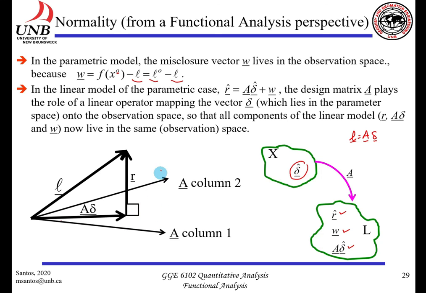The way it looks here is a plane, but if the design matrix has many more columns, it becomes a funny surface. We have here the normal to this space spanned by the columns of matrix A. This is the residual, which is normal, and here we have the observations.